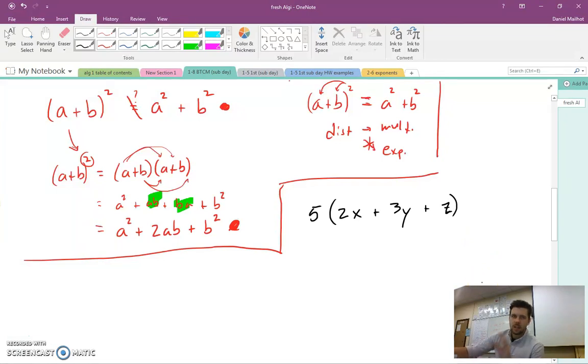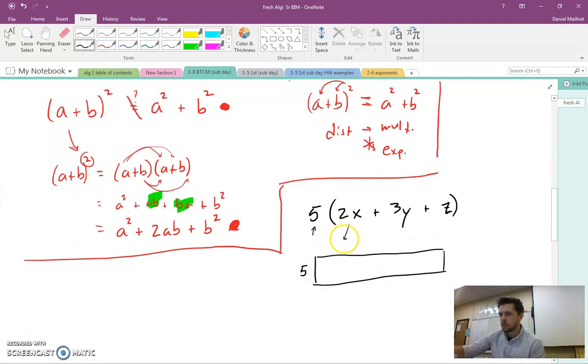Now, we looked at last time, I had you guys do a couple tasks really fast using the area model, where you take one term and set it as the side length of a side of a rectangle, and you set these terms as part of the other side of that rectangle, 2x, 3y, and z.